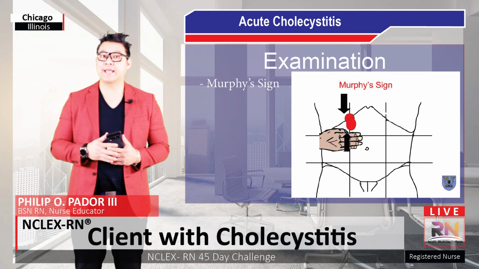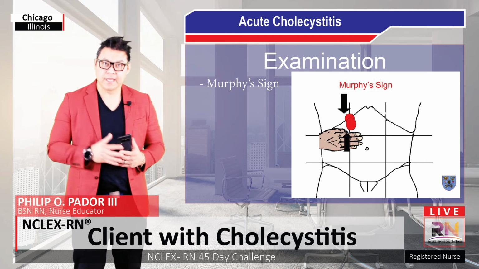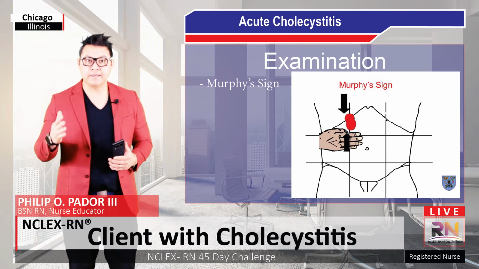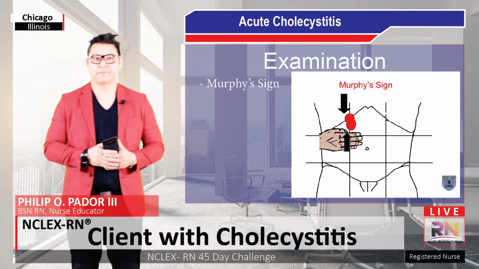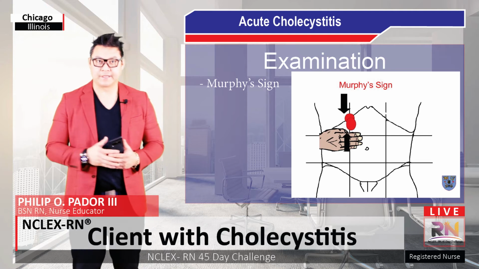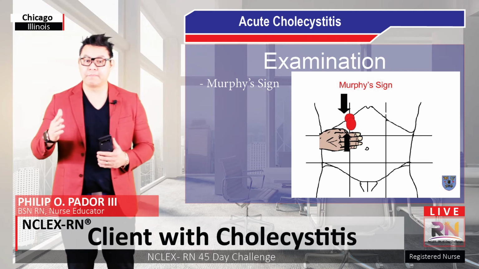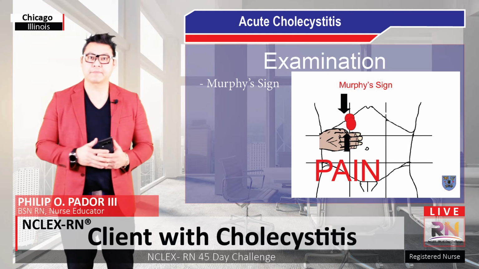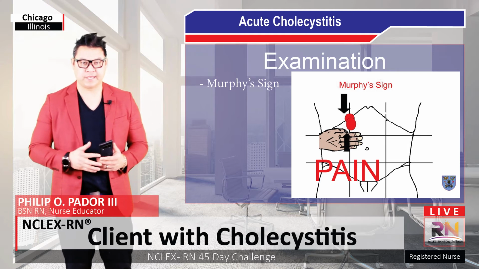The patient is then asked to take a deep breath in, and the diagram below is during inspiration, with our hand being placed where it is. It will irritate the gallbladder as the diaphragm pushes the gallbladder down, and this will trigger the pain. The patient becomes throttled and stops breathing in.